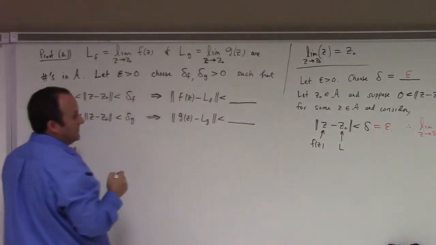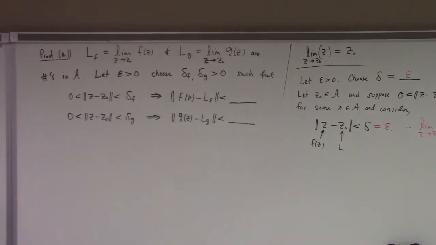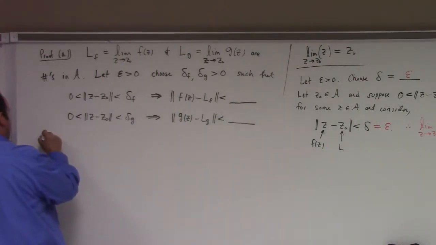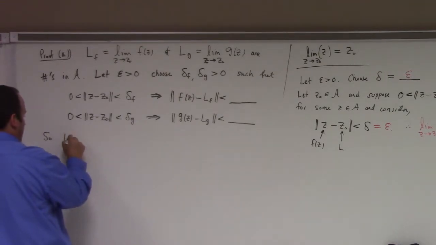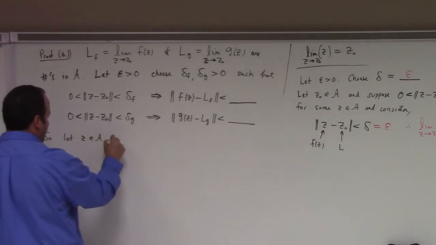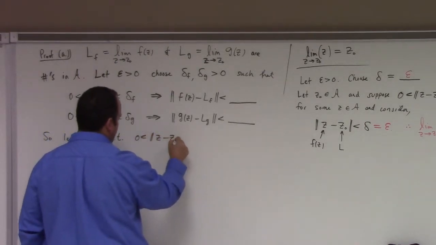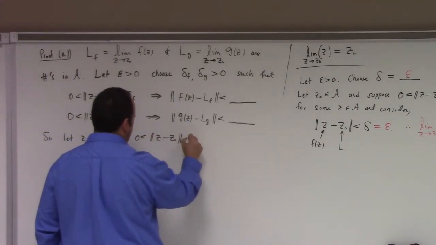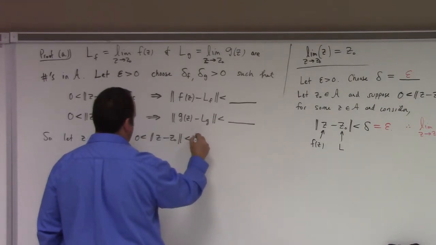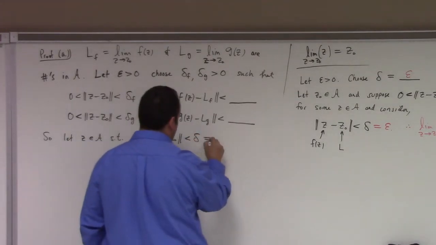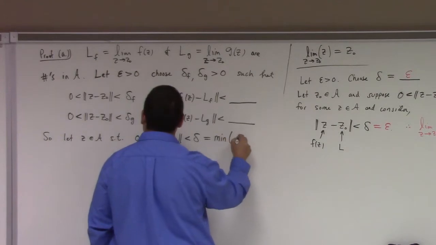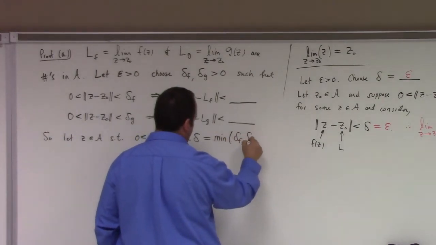We're going to fill in the blank. What's our goal? Let z be in A such that 0 is less than the norm of z minus z naught is less than delta, which is equal to the minimum of delta f and delta g.